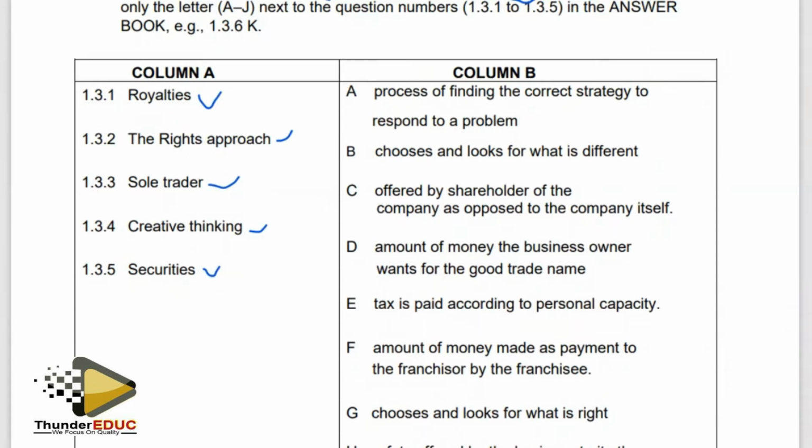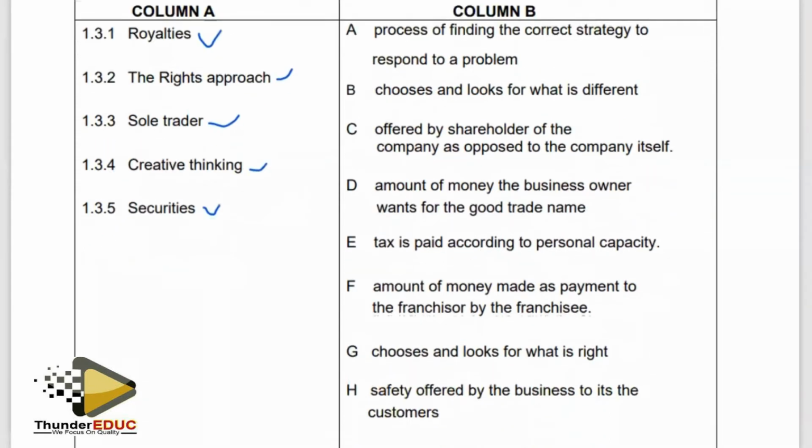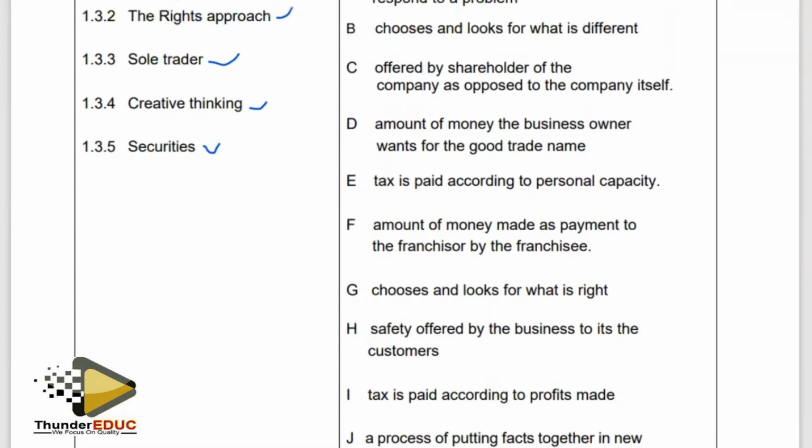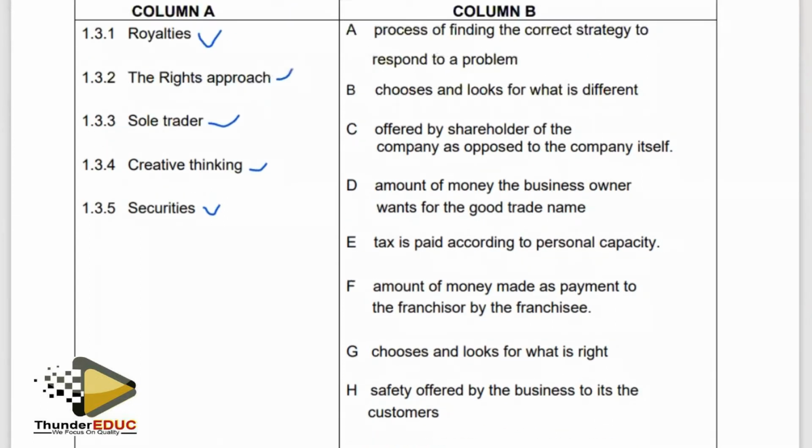Let's first go through other descriptions here. Chooses and looks for what is right. I think this is in line with certain terminology here. It rhymes so well. It tries to describe the right approach.